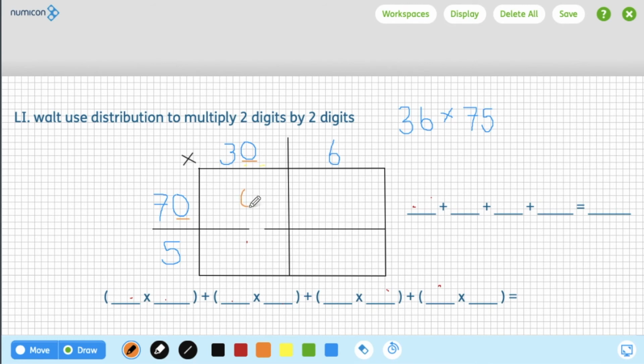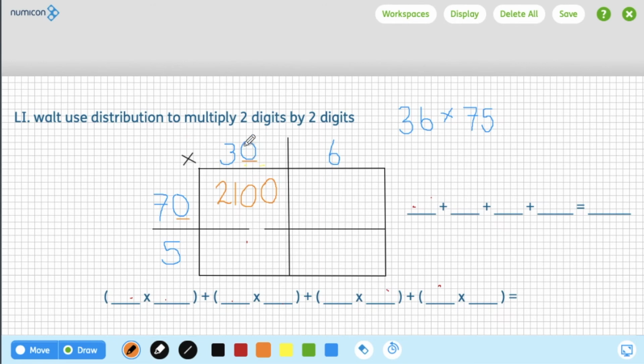Okay, so we got 0 and 0, and 3 tens times 7 tens is 21 tens, and 21 tens is 2,100.